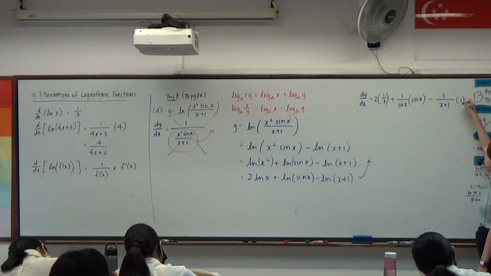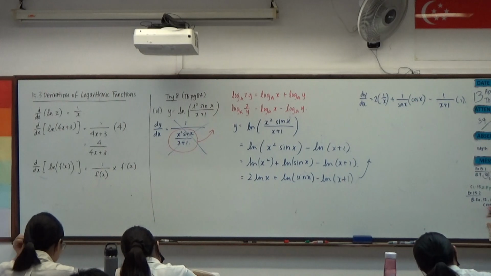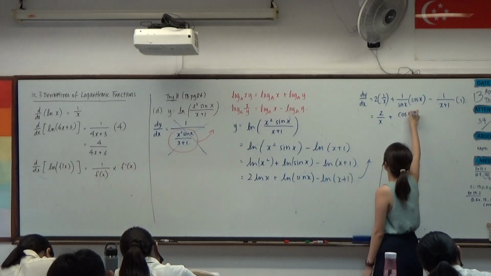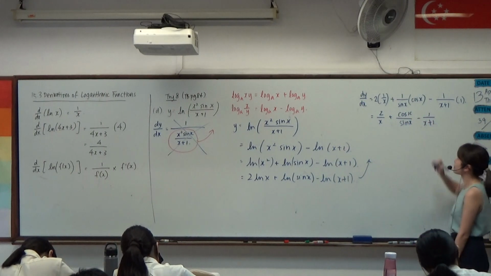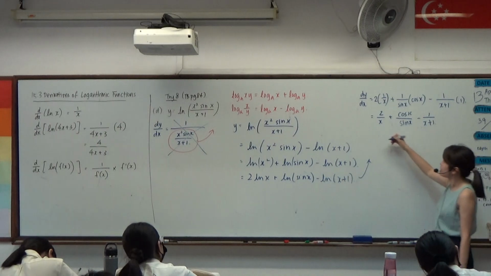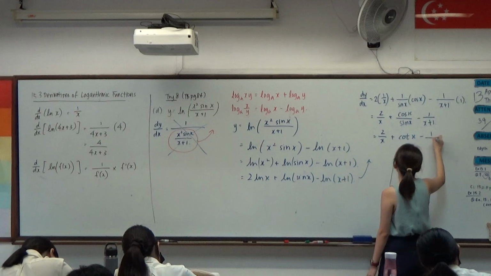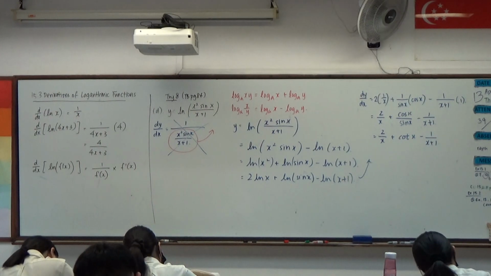Differentiation of x plus 1 is 1. Okay? And then we tidy things up. And cosine over sine is cotangent. Okay, and we get this.